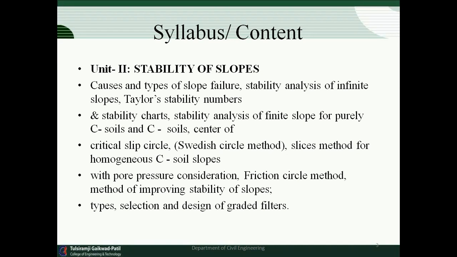Unit number 2 is related to the stability of slopes, which includes causes and types of slope failure, stability analysis of infinite slope, Taylor stability numbers and numericals related to these formulas, stability charts, stability analysis of finite slope for purely cohesive soils and c-phi soils, critical slip circles, various methods like the Swedish method, slice methods, homogeneous soil methods, pore pressure consideration, friction circle methods, and various methods of improving the stability of slopes.